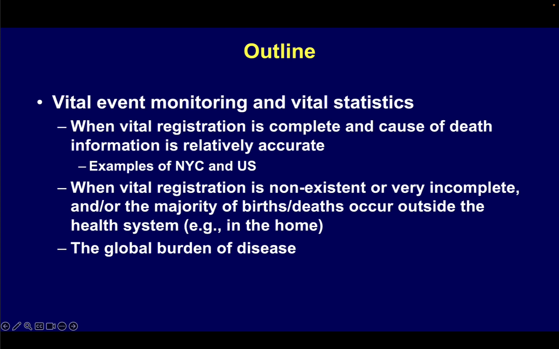And the other category is when vital registration is non-existent or very incomplete, and the majority of births and deaths are not registered, for example, because they tend to occur outside the health system, for example, at home. And then we'll go on to discuss briefly how the global burden of disease statistics take these two different scenarios into account when generating estimates of the global number of deaths and the global rankings of the causes of death.